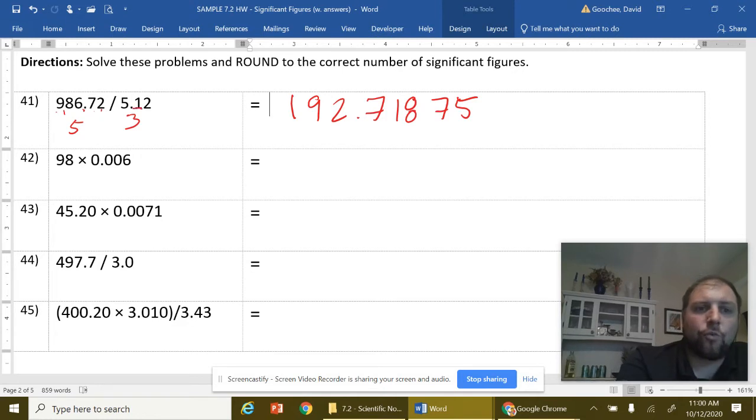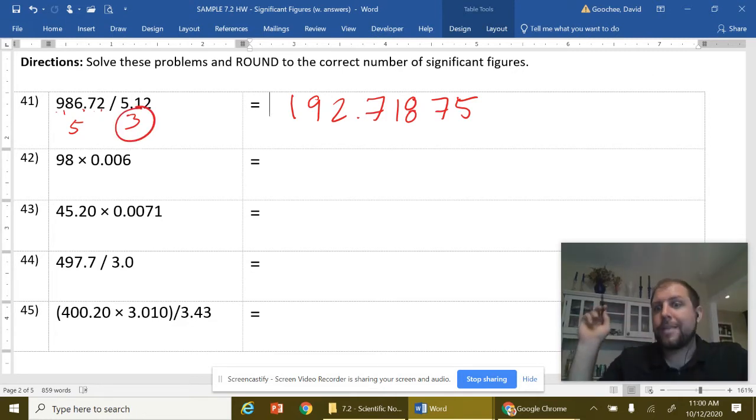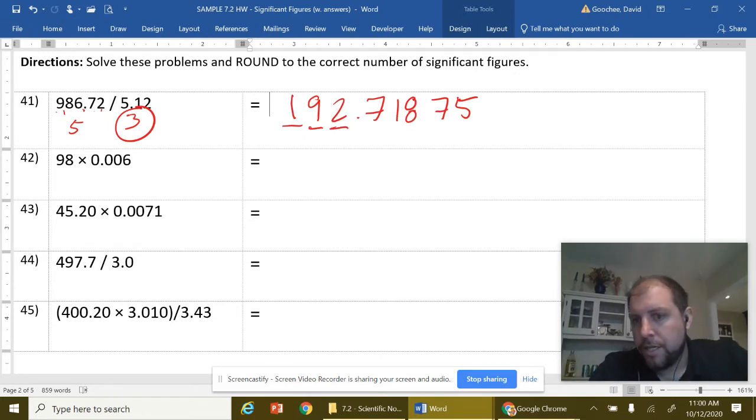So in this case, we round our answer to 3 significant figures, which, as we did in the previous section, means going left to right, we can keep the 1, the 9, and the 2, and the rest is rounded away. A 7 comes after, which means we round this up to a 3, and the rest gets rounded away.